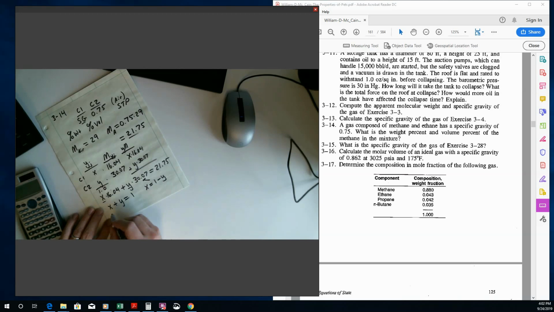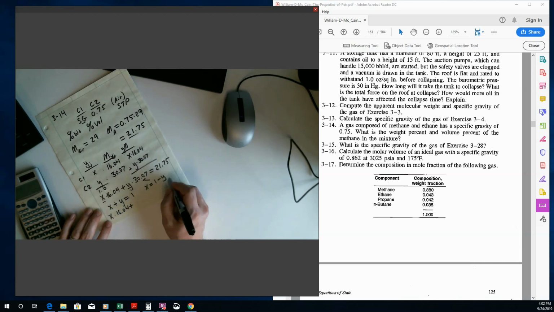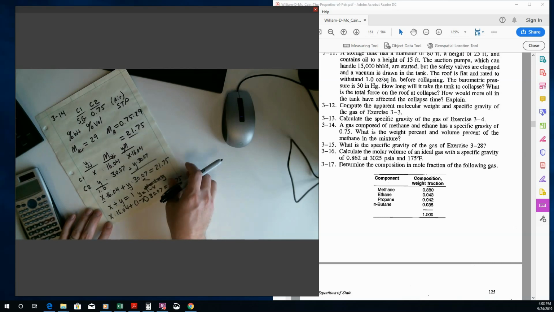Actually, I got it backwards here. I meant to do it this way: y equals 1 minus x. Then we plug that in, so we get x times 16.04 plus (1 minus x) times 30.07 equals 21.75. Now we can figure this out with algebra and get the answers.